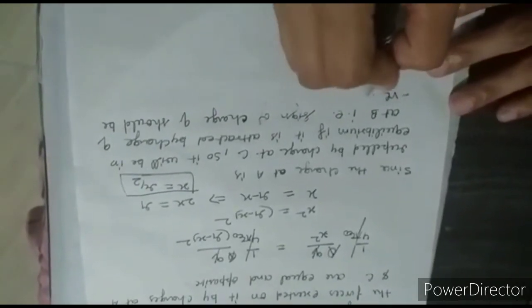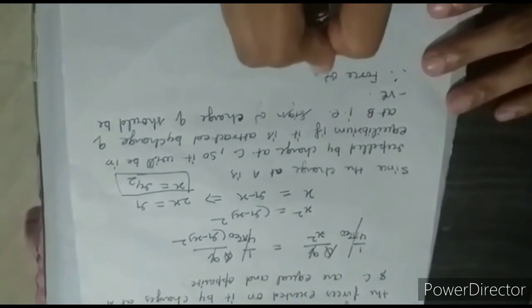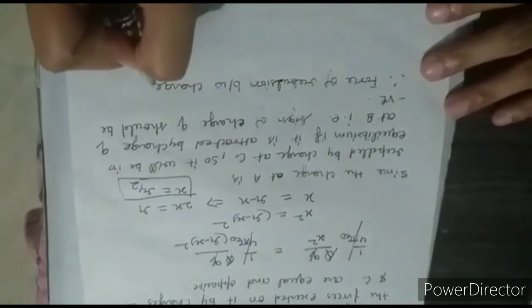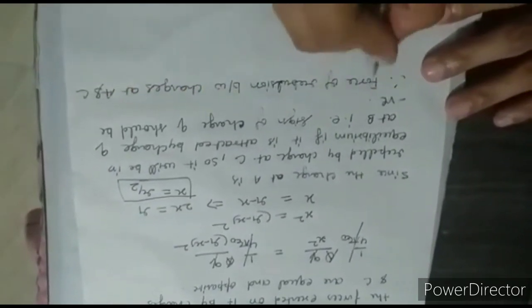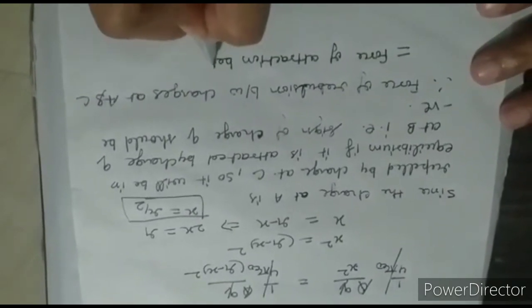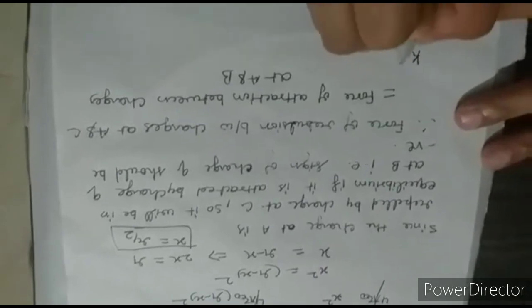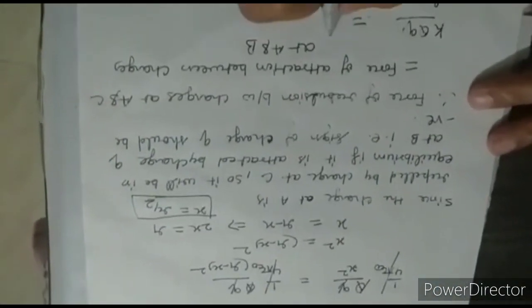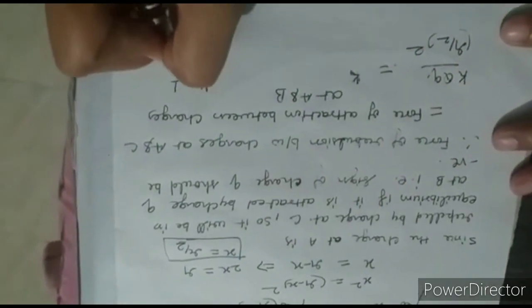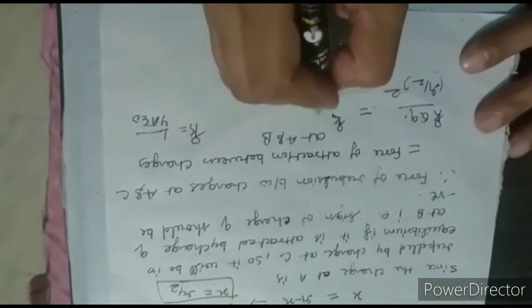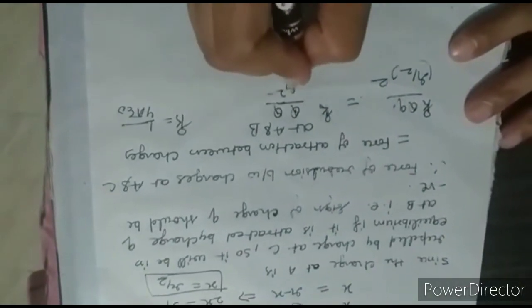Then the force of repulsion between charges at A and C will be equal to the force of attraction between charges at A and B, that is kQQ upon (r by 2) square, because here x is r by 2, and k, students, is 1/4 pi epsilon naught, equal to kqQ upon r square.